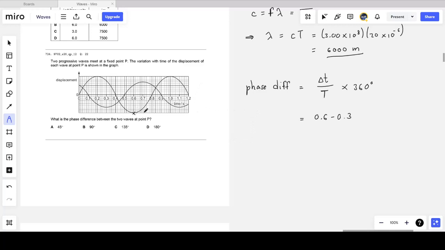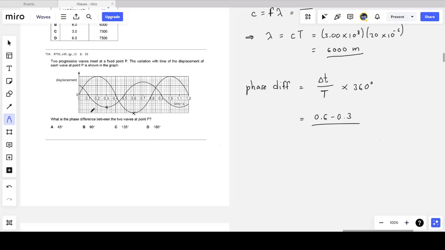So 0.6 seconds is the trough for the bigger wave, the one with the higher amplitude, and 0.3 seconds is the trough for the smaller wave that is following just behind it. So let's assume that the bigger wave is slightly ahead and the next wave's trough takes 0.3 seconds to catch up, 0.3 seconds behind at that moment in time.